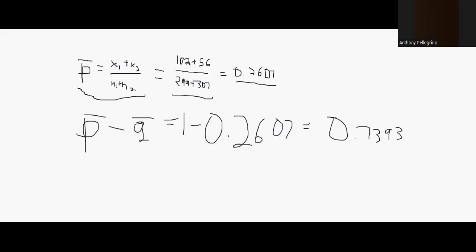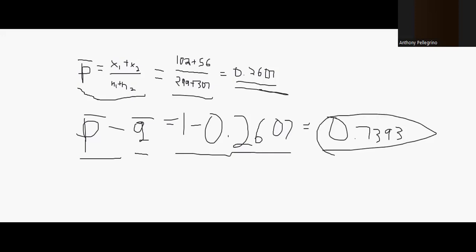Now we're going to be solving to find a test statistic, but in the formula for the test statistic, we also need the Q value, and we find that by subtracting the mean from 1. So 1 minus 0.2607 equals 0.7393, which is the Q value, which we're going to plug into the test statistic, which is what we're going to solve for next.